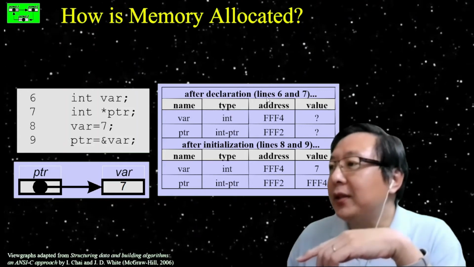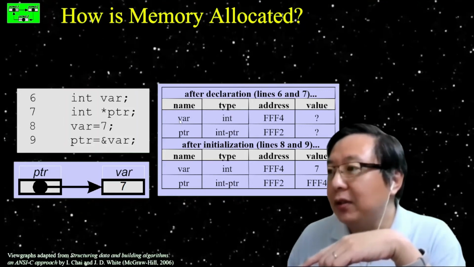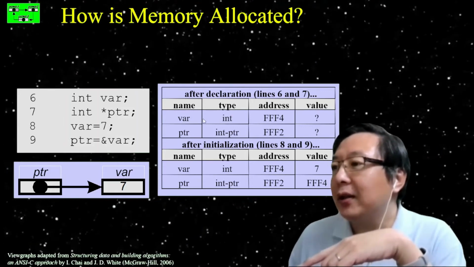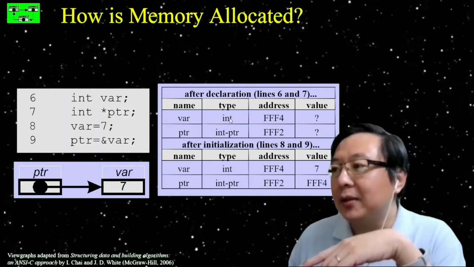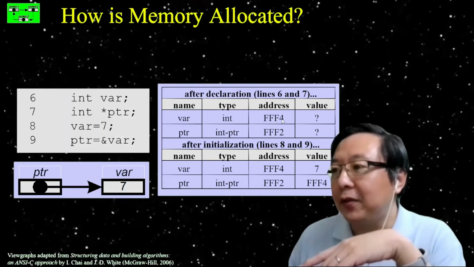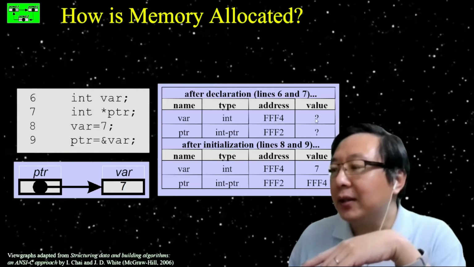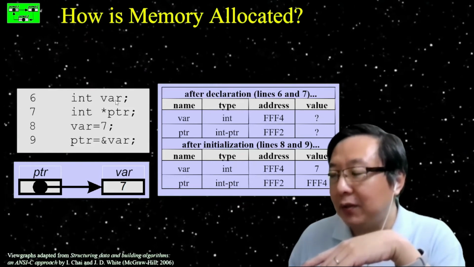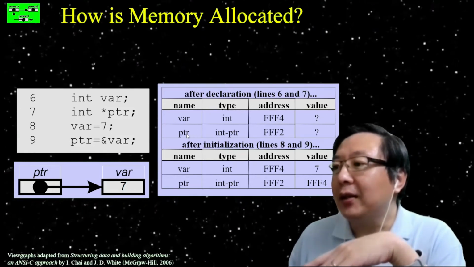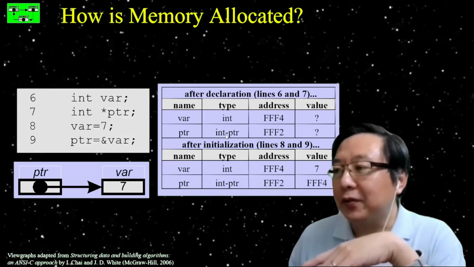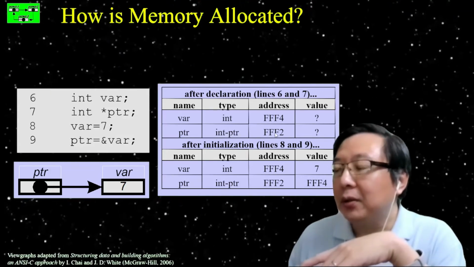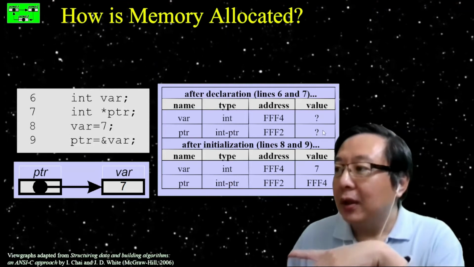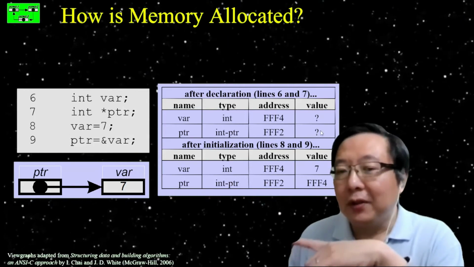After the declarations of lines 6 and 7, we have var, which is of type int, which has the address FFF4 and doesn't have a value yet because we haven't given it a value. And then PTR, which is of type int pointer, which is at address FFF2, again has no defined value yet.